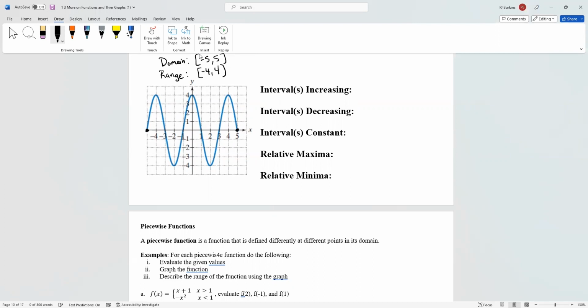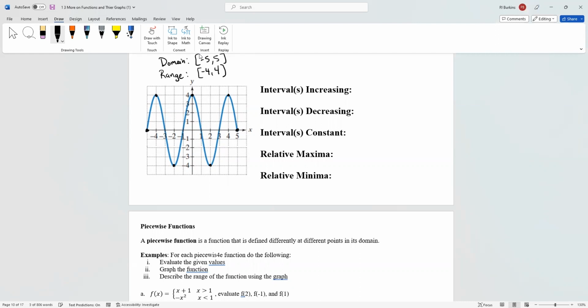So I just said maximum or minimum. So I'm hoping you're noticing that this is a relative min, this is a relative min, this is a relative max, this is a relative max, and so is this. All right.